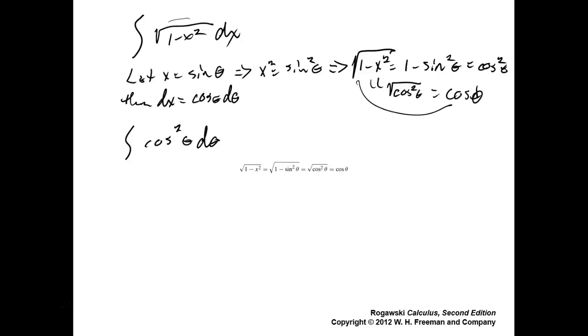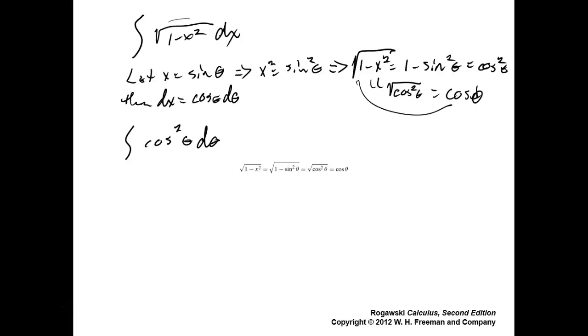Or if you don't like remembering that one, which is perfectly fine, you can go back and look that up. You can turn back just a couple of pages, and you can probably see it. Your book may have it in a different place, but it was our equation 4.